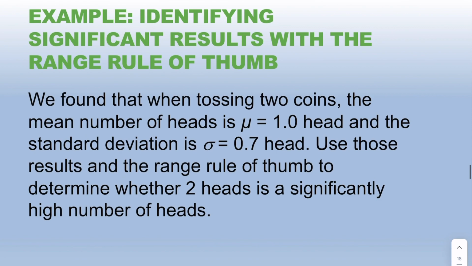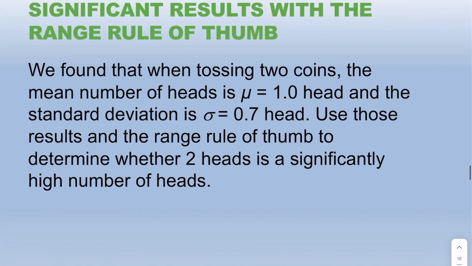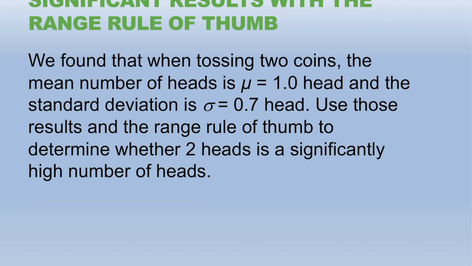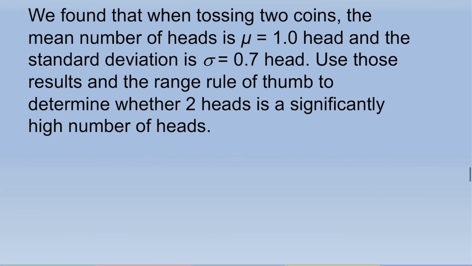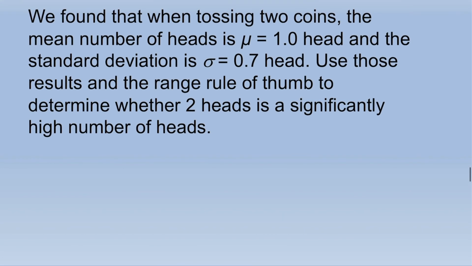Okay, here's an example. Identifying significant results with the range rule of thumb. We found that when tossing 2 coins, the number of heads is mu equals 1 head, and the standard deviation is 0.7 head. Use those results and the range rule of thumb to determine whether 2 heads is a significantly high number of heads. Now, it should not be the case, but let's just see. The question is, is it significantly high?